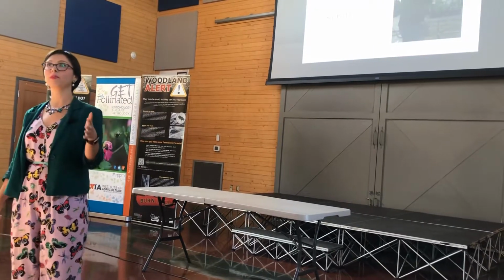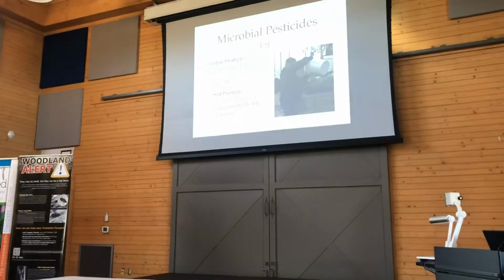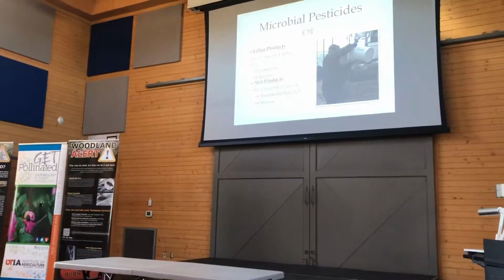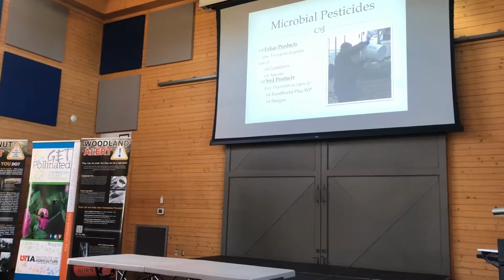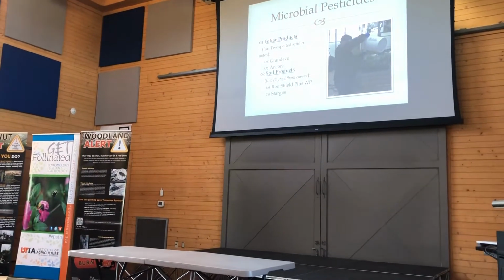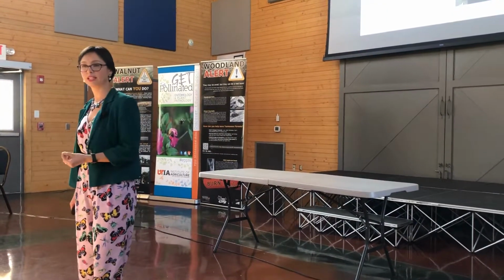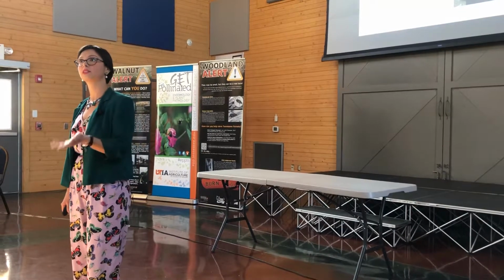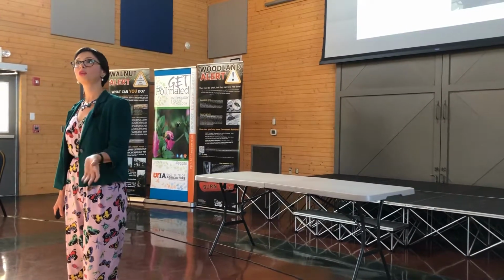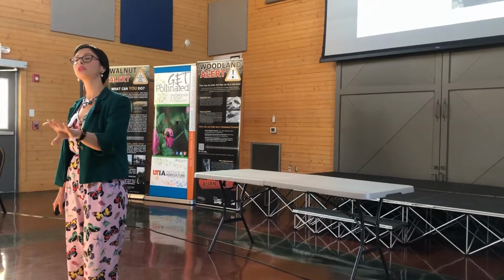So these are the microbes that I use. My foliar products used specifically for two-spotted spider mites were Grandevo and Ancora. And then my soil products, which were intended for Phytophthora capsici, were RootShield Plus and Stargus, which were soil drenches.